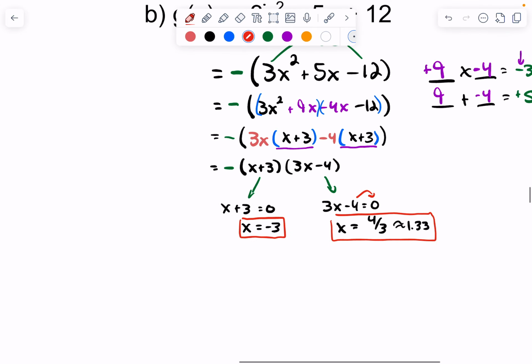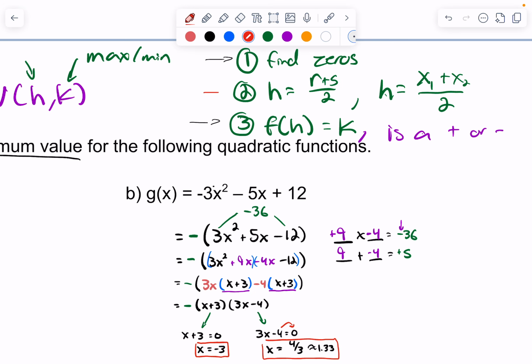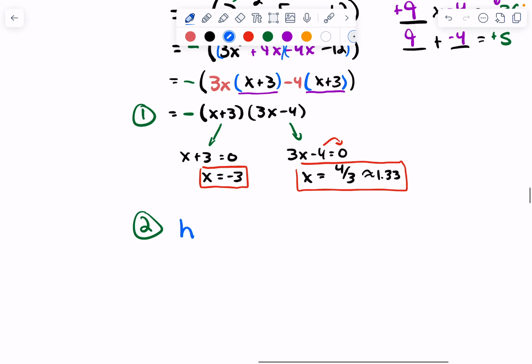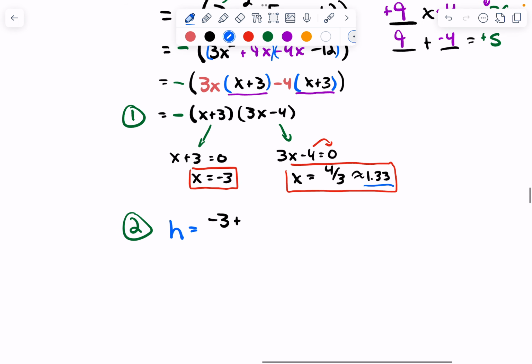Okay, so now we're using our calculator because we're not going to have nice numbers, and we're going to calculate our h. So this was step 1, finding the zeros. Step 2, h is equal to minus 3 plus, and I'm going to put it as a decimal form right here. Okay, so I'm saying you're going to need your calculator. So minus 3 plus 1.33, all divided by 2.